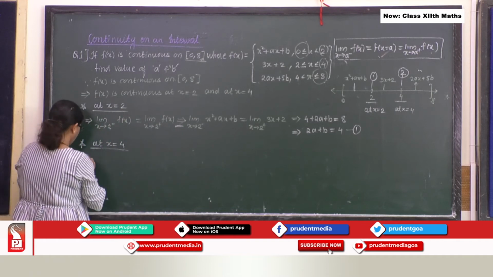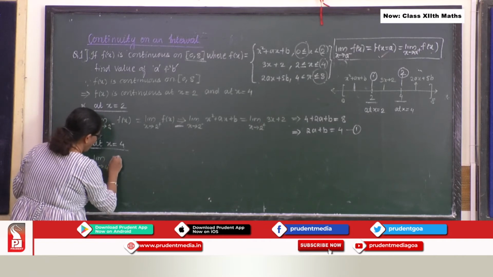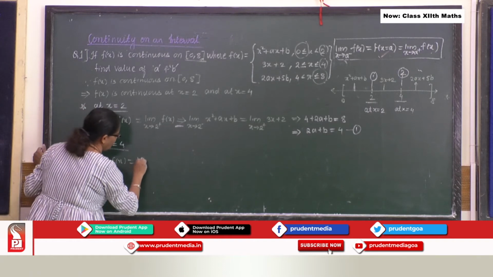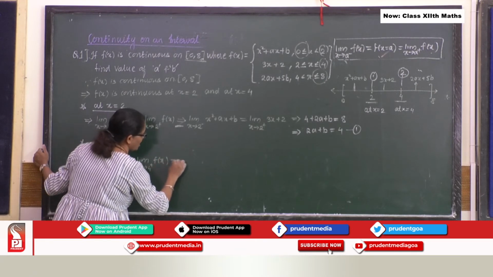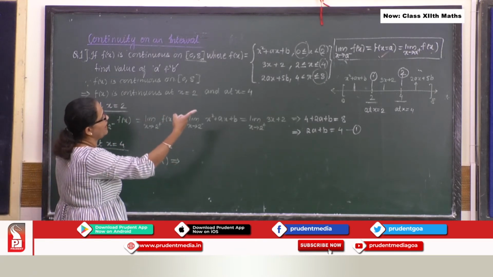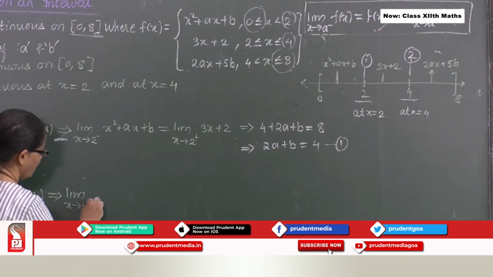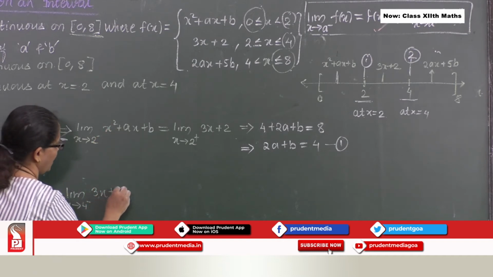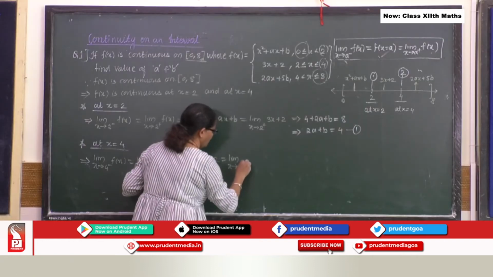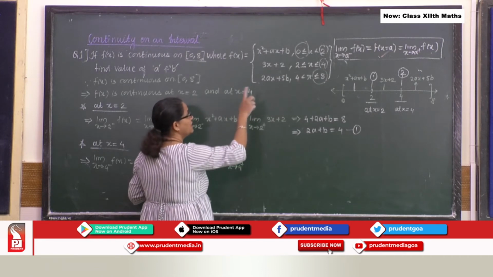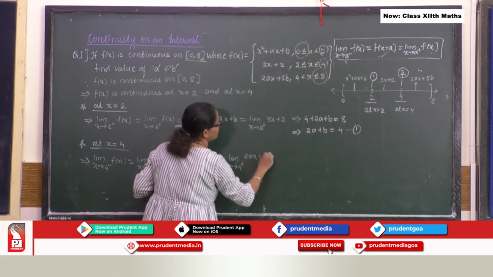Limit x tends to 4 minus f of x is equal to limit x tends to 4 plus f of x. So limit x tends to 4 minus, that's 3x plus 2, equals limit x tends to 4 plus, where you have the third definition, 2ax plus 5b.